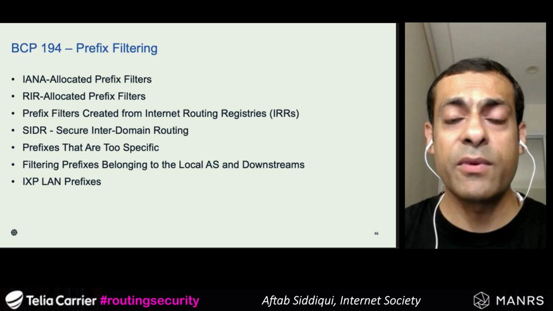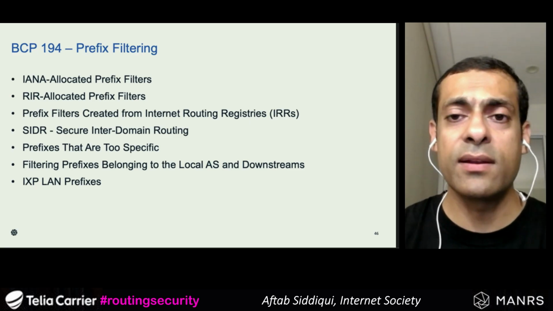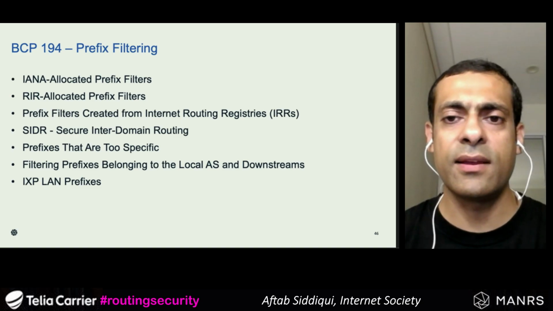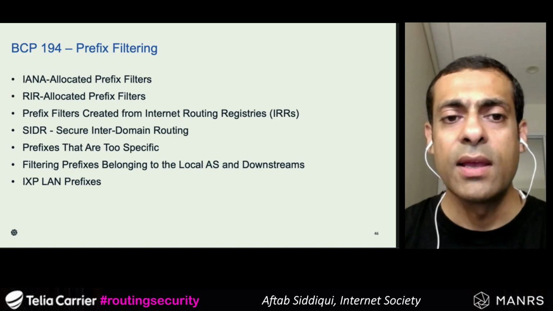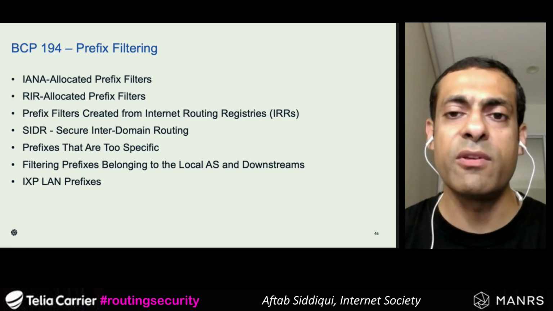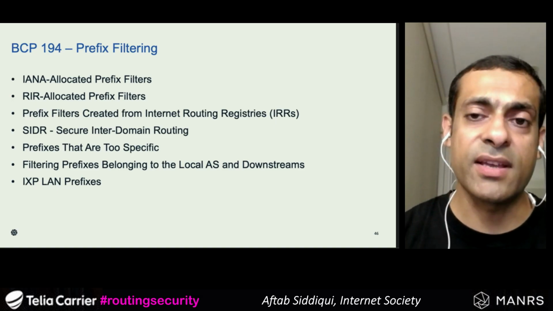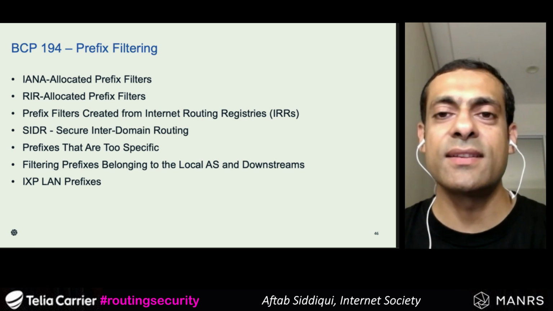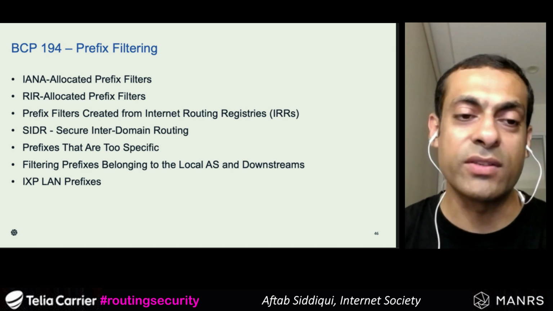RIR allocated prefix filters: RIRs have allocated all the IPv4 addresses in some regions, but in some regions they still have a handful of IPv4 addresses and a lot of IPv6 addresses available. Make sure that those addresses are not in the routing table as well, because they are unallocated.